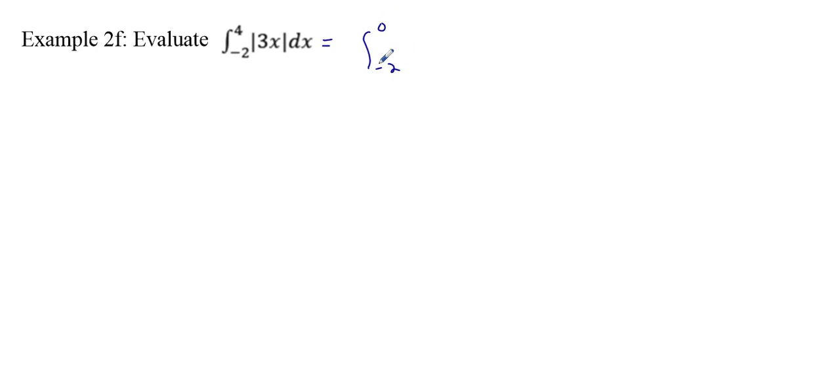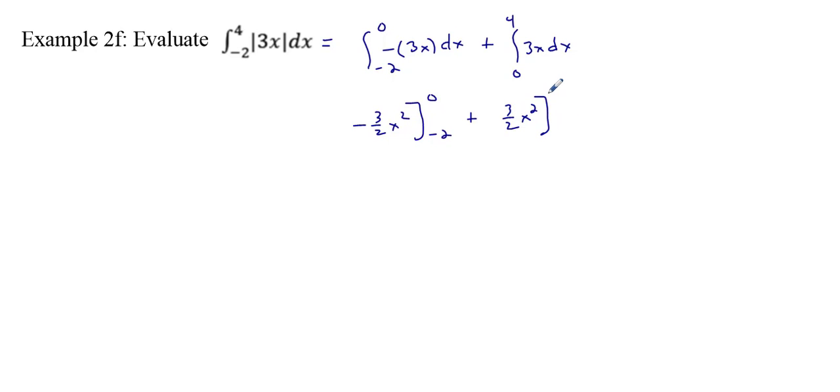From -2 to 0, the inside is negative, so I do have to apply the negative. Plus the antiderivative from 0 to 4, no absolute value needed. In this case, we have what? 3/2 x squared, evaluated from -2 to 0, minus, and then 3/2 x squared evaluated from 4 to 0. Okay, if we plug in 0, we get 0.